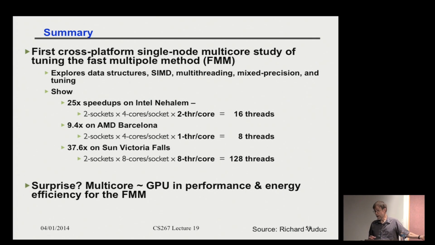And if one of them is waiting for memory, then in the next cycle it'll take one of the other threads and run it. So in principle, if everything is perfect, you can get a 128x speedup, but it got 38, which is reasonable. The other thing, and I'll have this in another slide, is they also implemented this in a GPU. And to their surprise, they couldn't do a whole lot better in a GPU. But I'll explain why when I get to that slide.